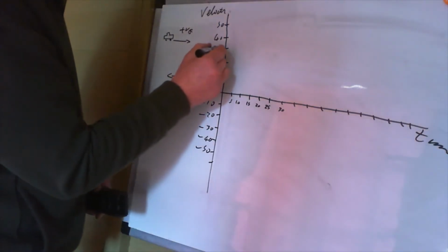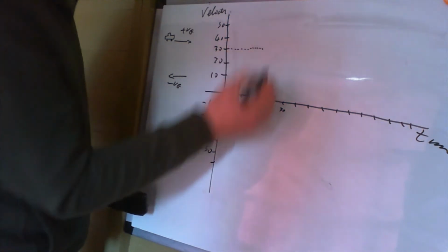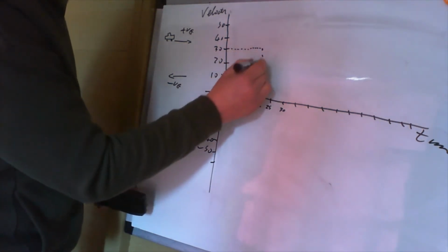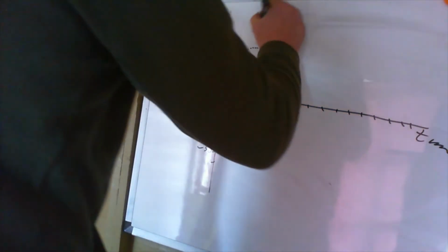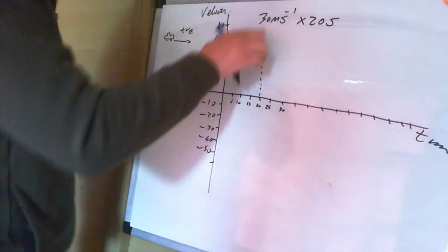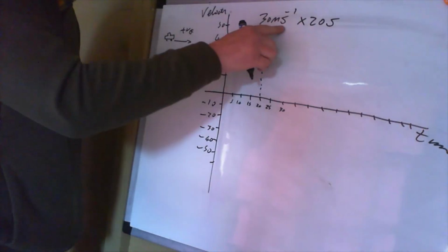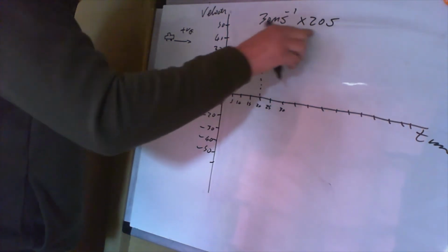Also, when you have a velocity time graph, as I was saying, imagine we're going at 30 miles an hour, sorry, 30 meters per second, and you've done that for 20 seconds. So you've done 30 meters every second, and you're going to do it for 20 seconds.